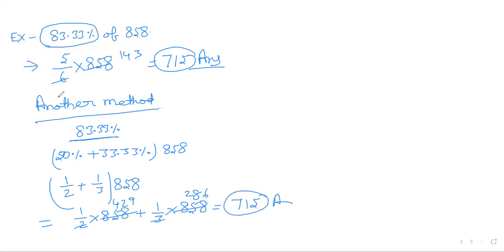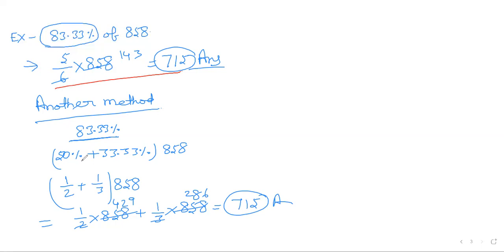Okay, so you have learned two methods. Direct, here you can get the value directly, and with the other method, you just have to break the large number into 2, 3, 4, any number of parts.